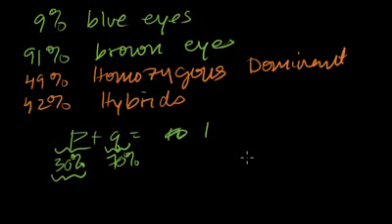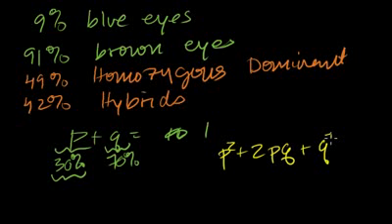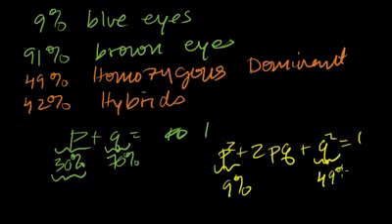So we also know that P squared plus 2PQ plus Q squared is equal to 1. This is the percentage of the population that has blue eyes. They have 2 blue alleles, so that's 9%. This is the percentage of the population that has 2 brown alleles, homozygous dominant, so that is 49%. And then this 2PQ term is what's left over. So 9 plus 49 is 58. This is going to be 42%.